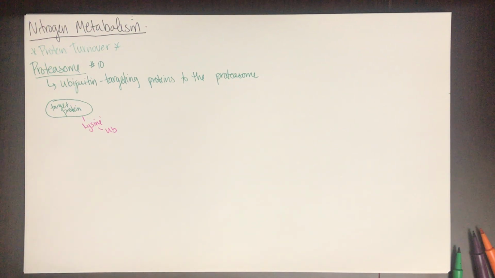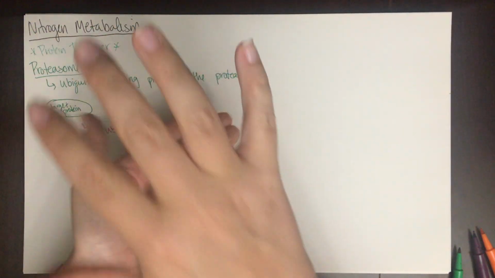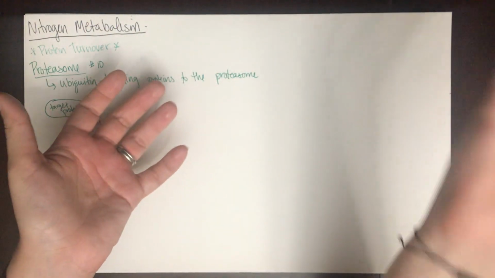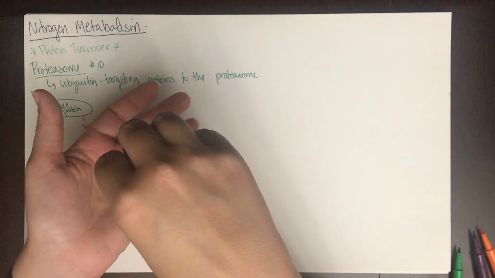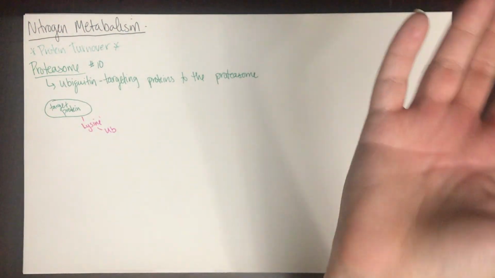It has different subunits, and what it does is it's almost similar and opposite to the GroES chaperone system that we looked at. A chaperone is kind of like a barrel structure where an unfolded protein goes in and then the correctly formed protein comes out.